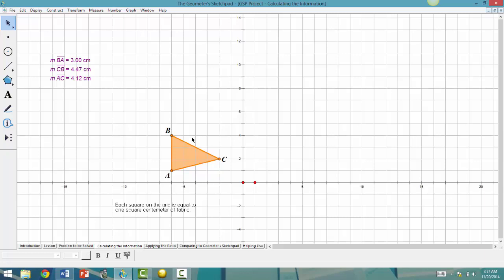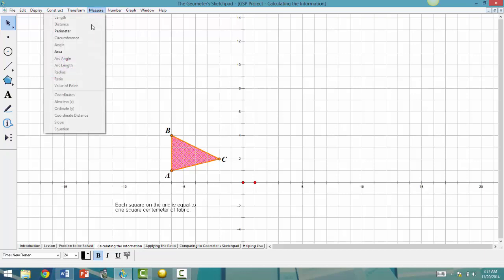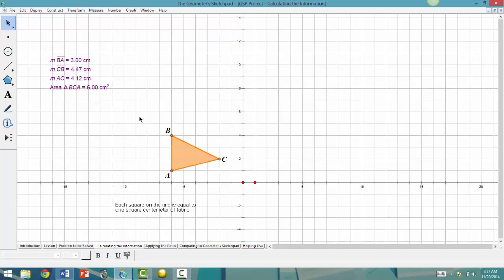So what we're going to do now is calculate the area of our template triangle by selecting solely the center of our triangle, going to measure and to area. We're just going to use this to compare what our new area will end up being.